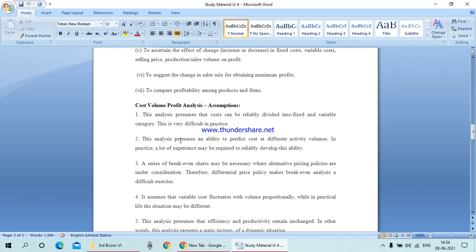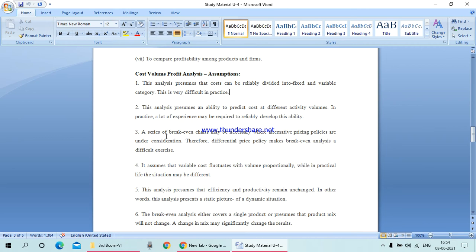Again, this assumes an ability to predict cost at different activity volumes, but practically it needs experience. Thirdly, a series of break-even charts may be necessary where alternative pricing policy is under consideration.